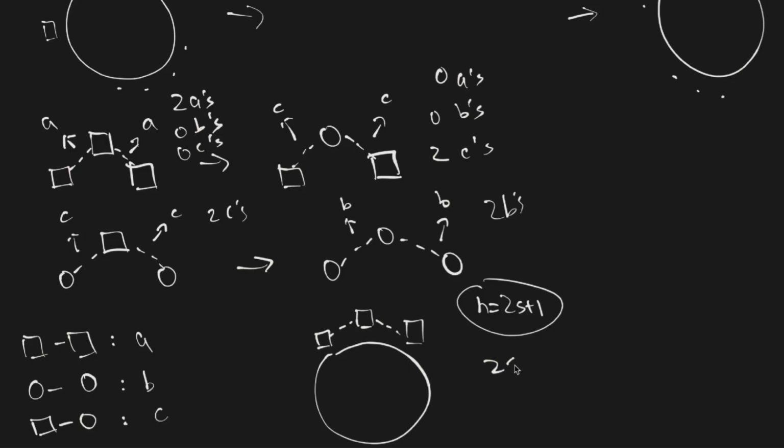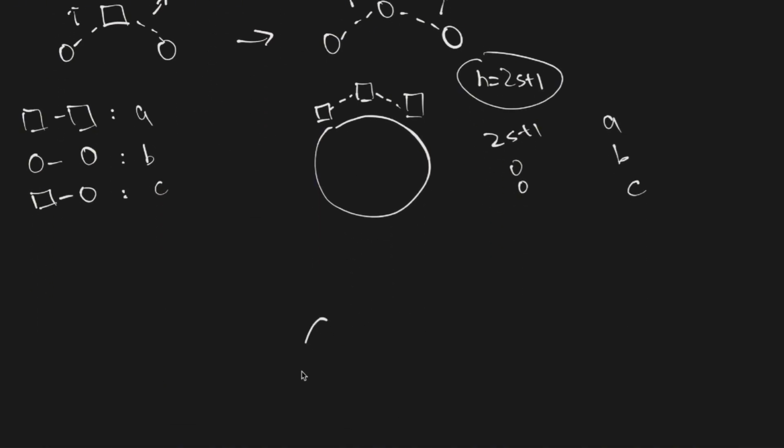So there's 2s plus 1 A relationships. There are 0 B relationships and 0 C relationships. In the end, we should have all dead. So similarly, we should have 0 A relationships, 2s plus 1 B relationships, and 0 C relationships.